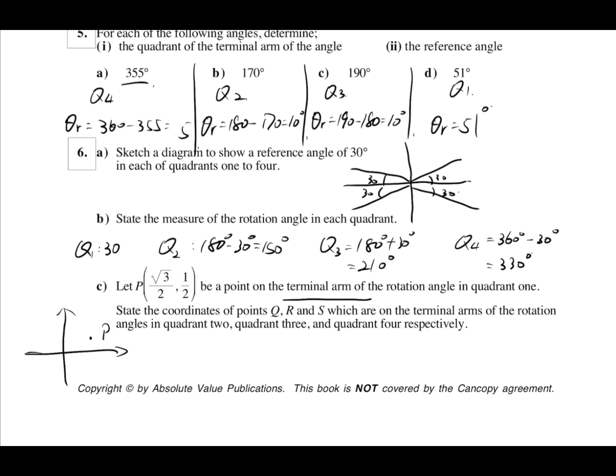So we just add this one, and then we reflect, here is Q, and then we reflect, this is R, and we reflect, this is S. And for the Q, it's just negative square root 3, and for the R both are negative. For the S, the x coordinate is positive and the y coordinate is negative.